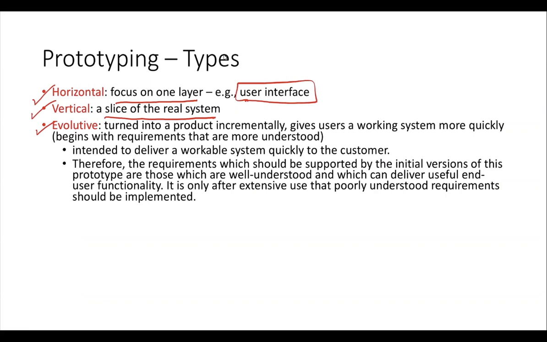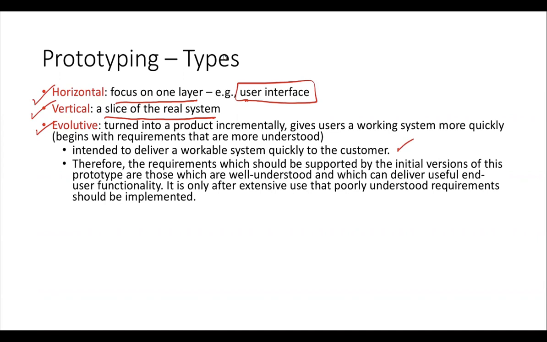quickly. So it begins with requirements that are more understood. Evolutive prototyping is intended to deliver a workable system quickly to the customer. That means the requirements which should be supported by the initial version of this prototype will be those requirements that are well understood and which can deliver useful end user functionality.